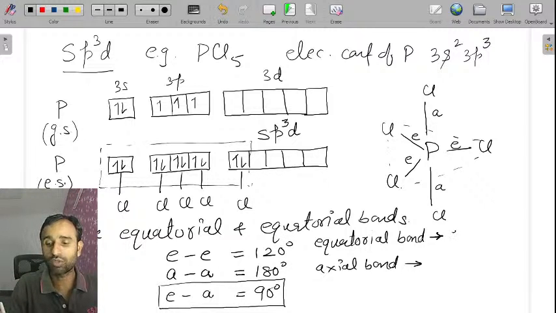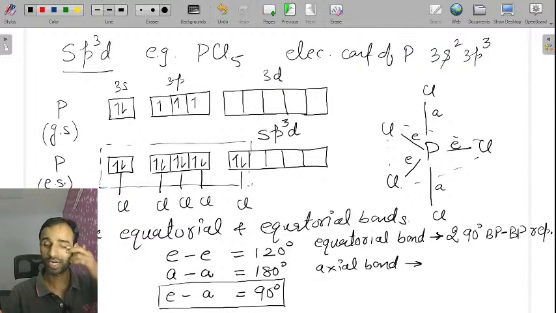That means there are 2 90 degree bond pair repulsions. Right? There are 2 90 degree bond pair repulsions for equatorial bonds.